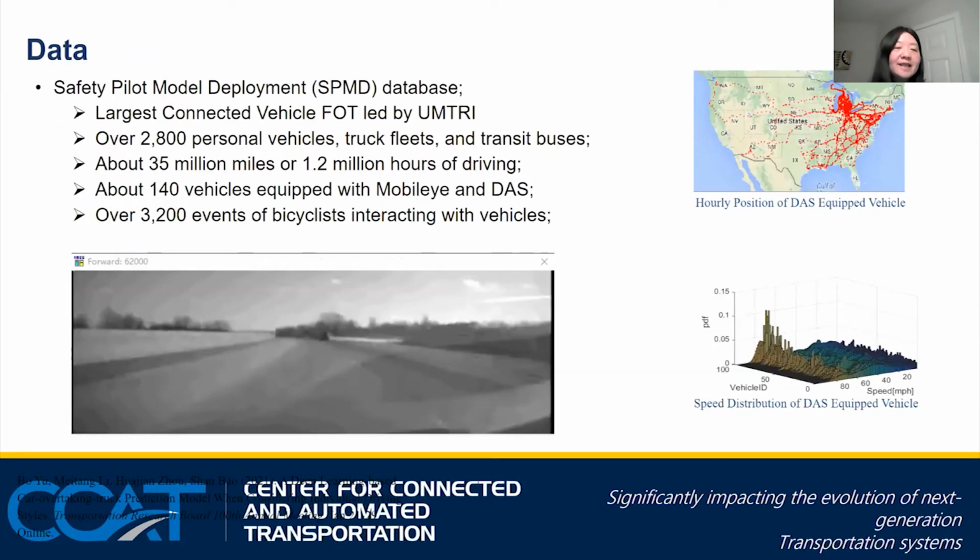The data we used is from the UMTRI naturalistic driving study, called the Safety Pilot Model Deployment database. That is one of the largest connected vehicle field operational tests led and conducted by UMTRI. At peak time, we had around 2,800 vehicles, including personal passenger vehicles, trucks, and buses.